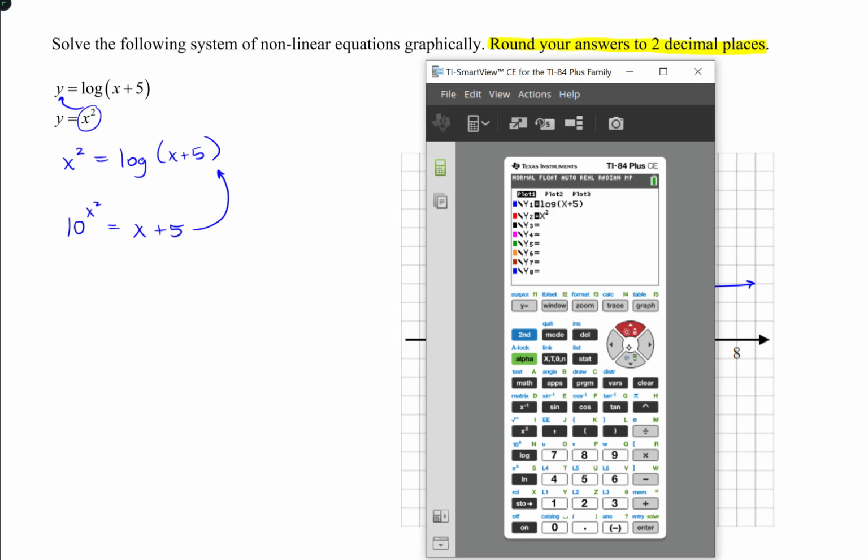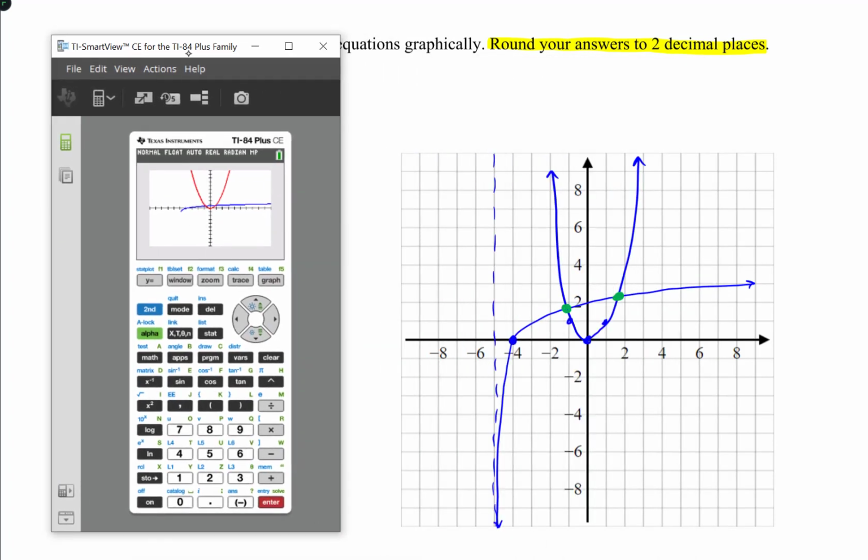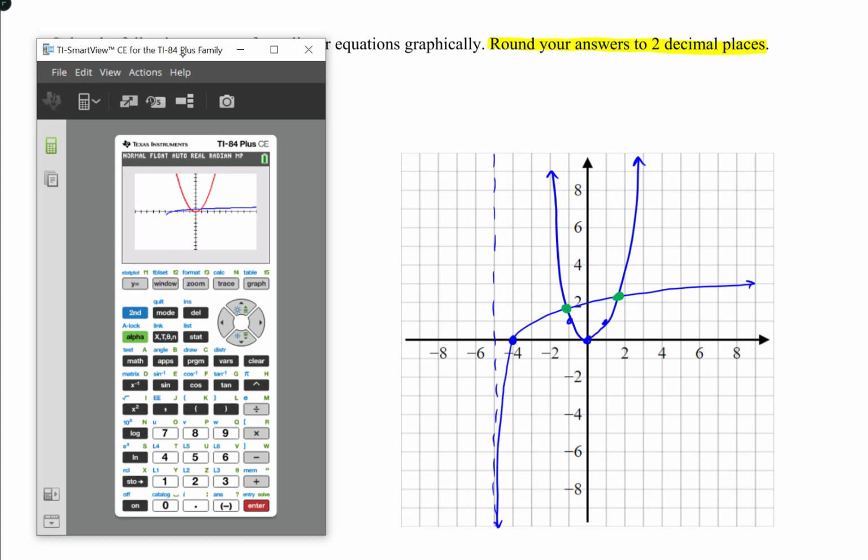I've got a stat plot turned on, so I'm going to cancel that, close that out, and I will hit zoom and then come down here to zoom standard to get the standard viewing window.